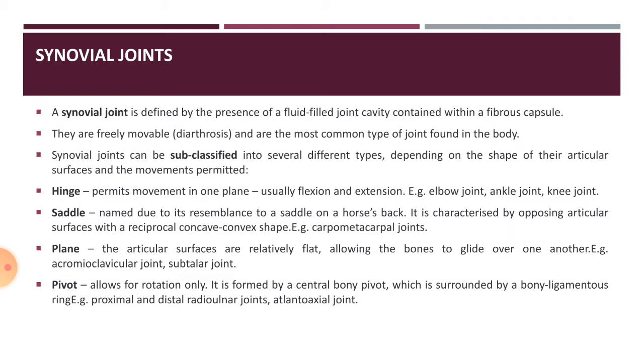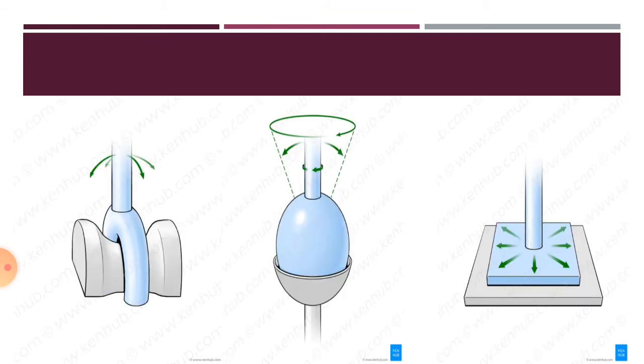The next one is plane, and this basically allows the gliding movement, and the surfaces will be plane. You can see here the surfaces are plane, and because these are plane, they will allow only gliding movements.